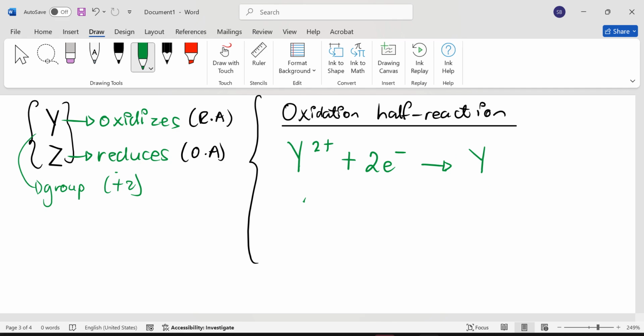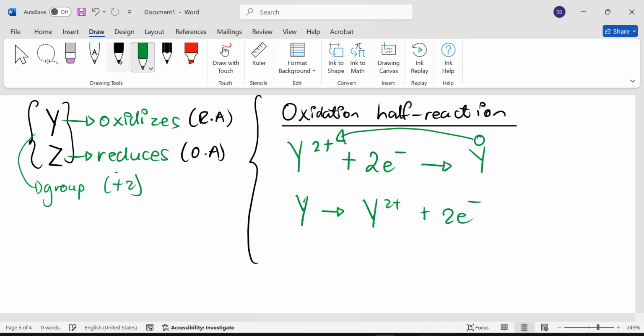So this is what happens. But because this is an oxidation half reaction, when something oxidizes, what does it do? It loses electrons. So it moves from being 0 to being a positive 2. So it must be an increase in oxidation number and the loss of electrons. So I need to flip this equation, swap. I need to have something like Y gives me Y2 plus 2 electrons.